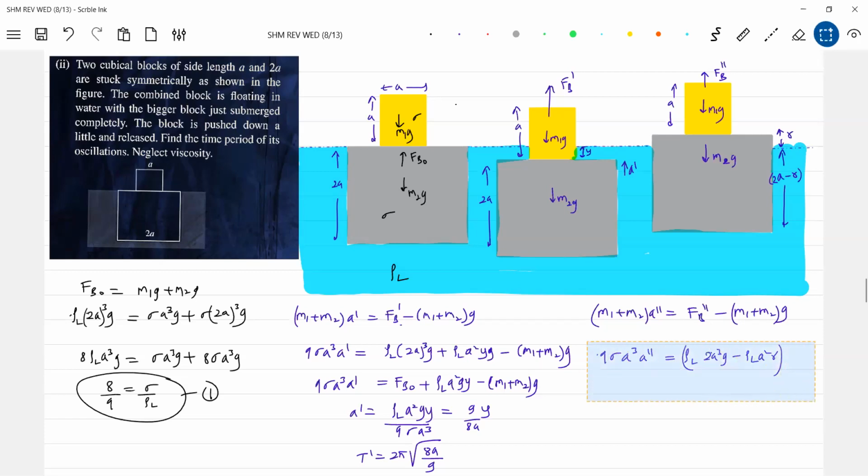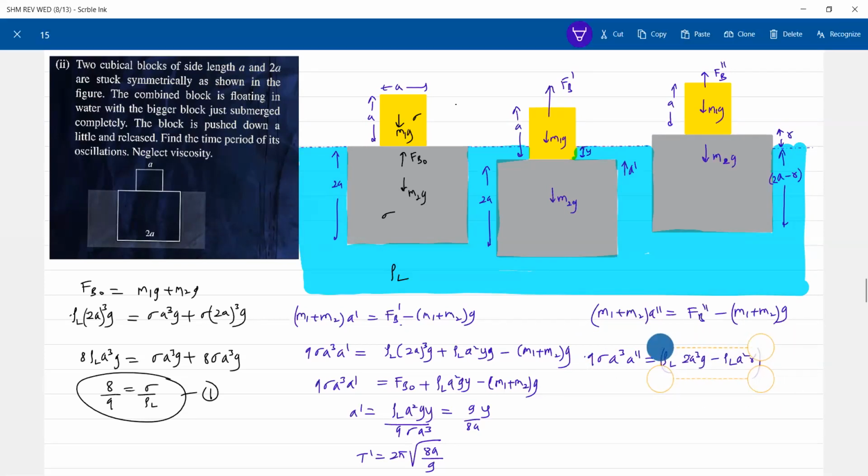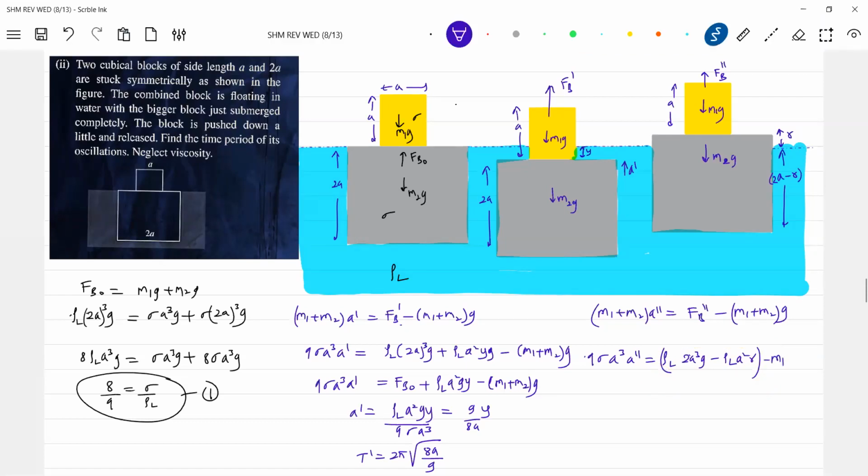Okay. That should be 4A square R. 4A square R. Huh? Side length 2. Okay, this one. Yeah. Not that one, sir. Okay, I agree, no? This will be cube.